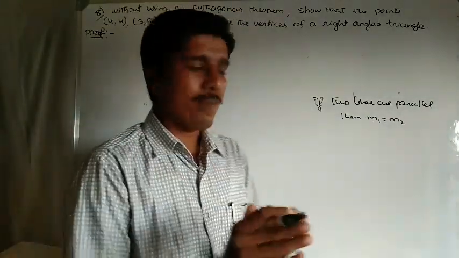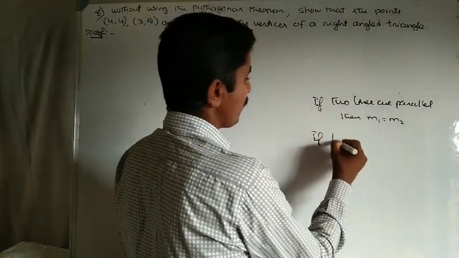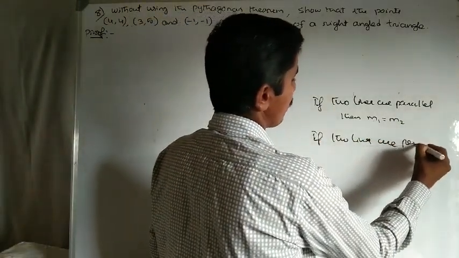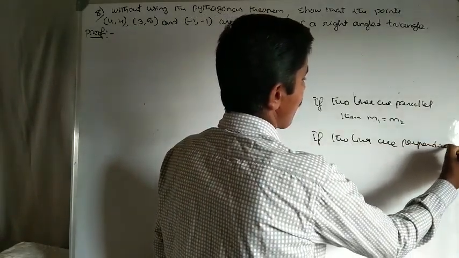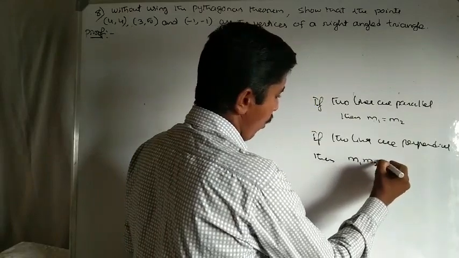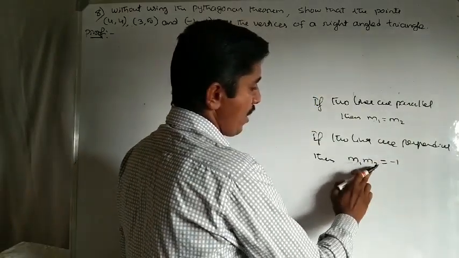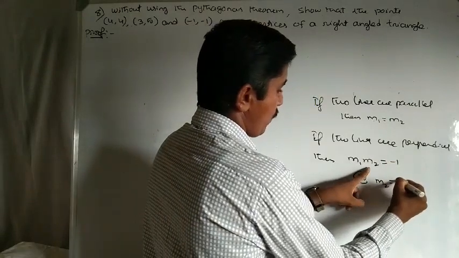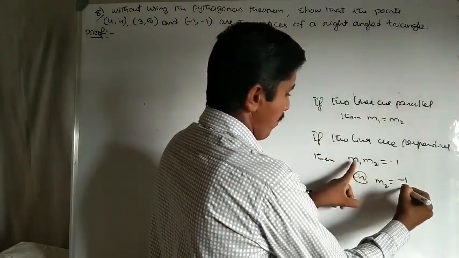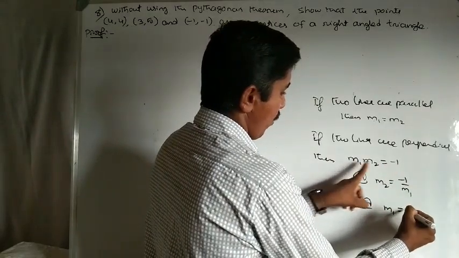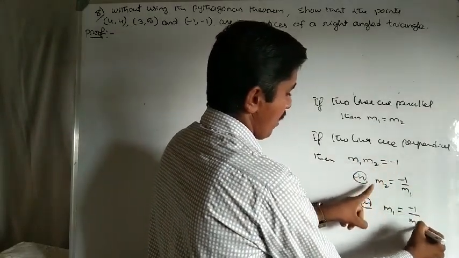If two lines are perpendicular, then the product of the slopes equals minus 1. M1 into M2 equal to minus 1, or you can write that M2 equal to minus 1 divided by M1, or M1 equal to minus 1 by M2.